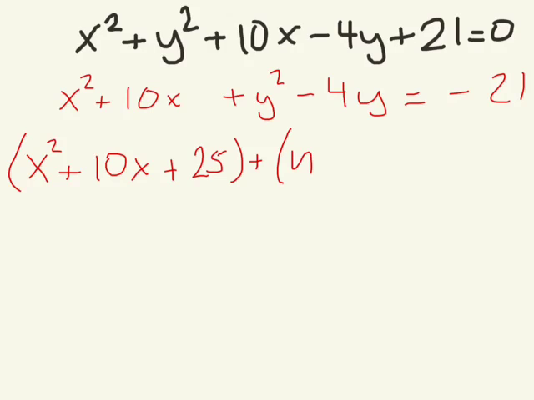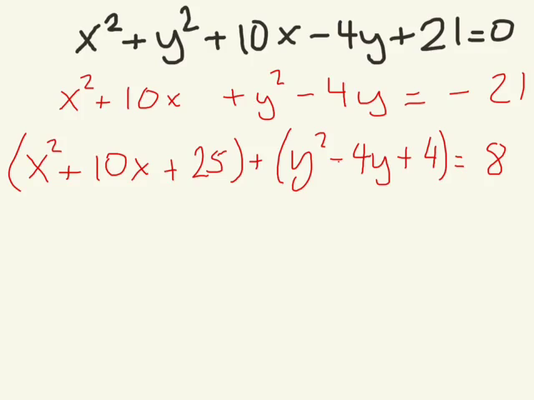And now we've got the y's, y^2 - 4y, plus, half of 4 is 2, 2 squared is positive 4. And what we've just added here, the 25 and the 4, we need to add to the negative 21. 25 plus 4 is 29, added to the negative 21 will give us 8.